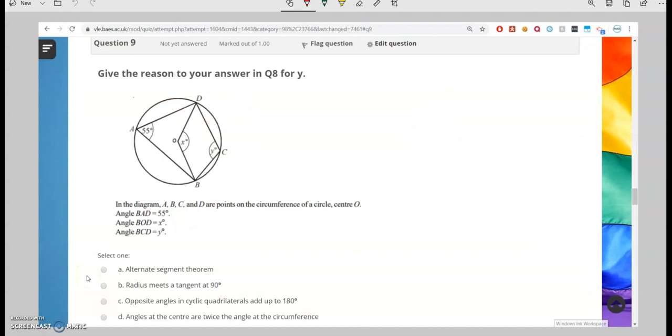Now we have to give a reason as to why we decided that y was equal to 125 degrees, which was C, because opposite angles in a cyclic quadrilateral add up to 180 degrees.